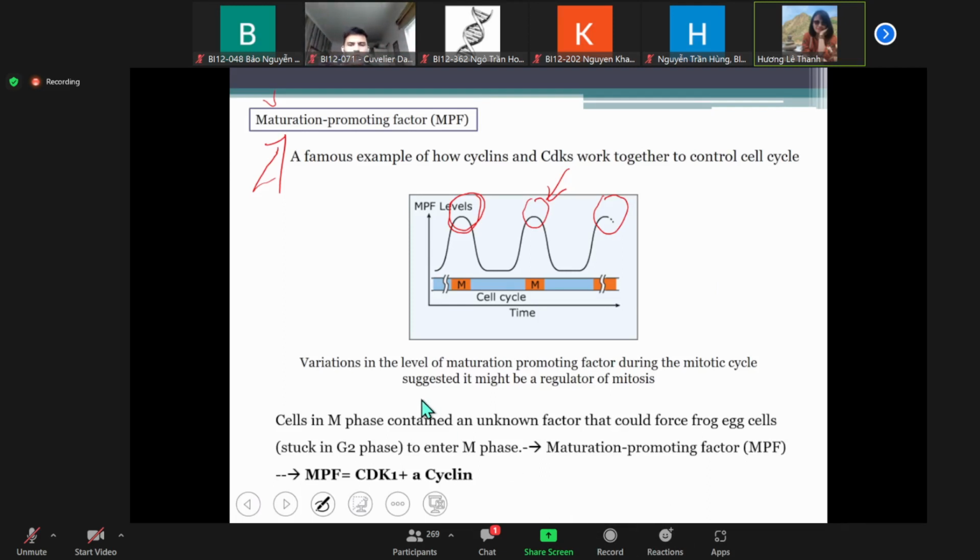So don't need to pay a lot of attention to this slide. Just remember, in mitosis, they found very high levels of CDK plus cyclins, and they call it the maturation promoting factor.